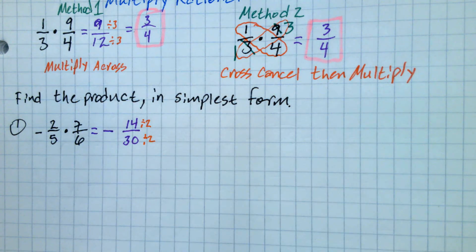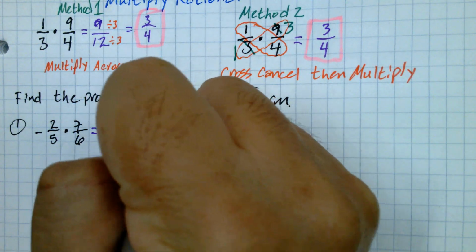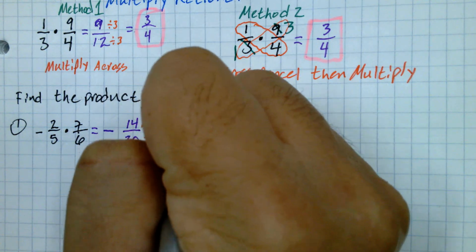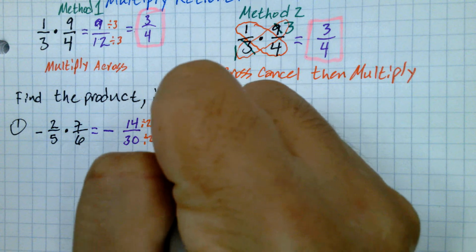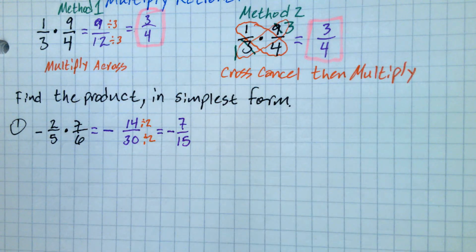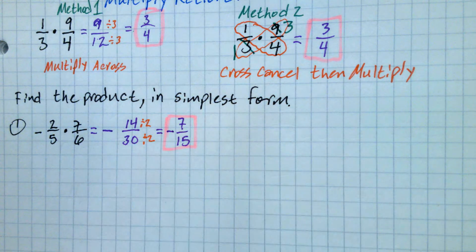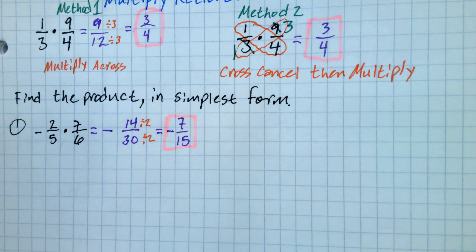So we're going to divide each number by 2, and that would give us our final answer, which is negative 7 over 15. Okay, negative 7/15. And that is our answer. Any questions? Okay.